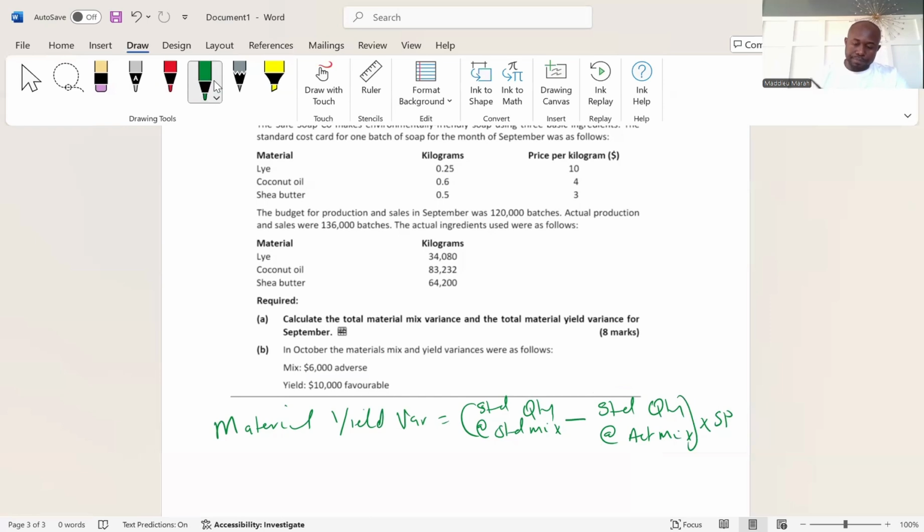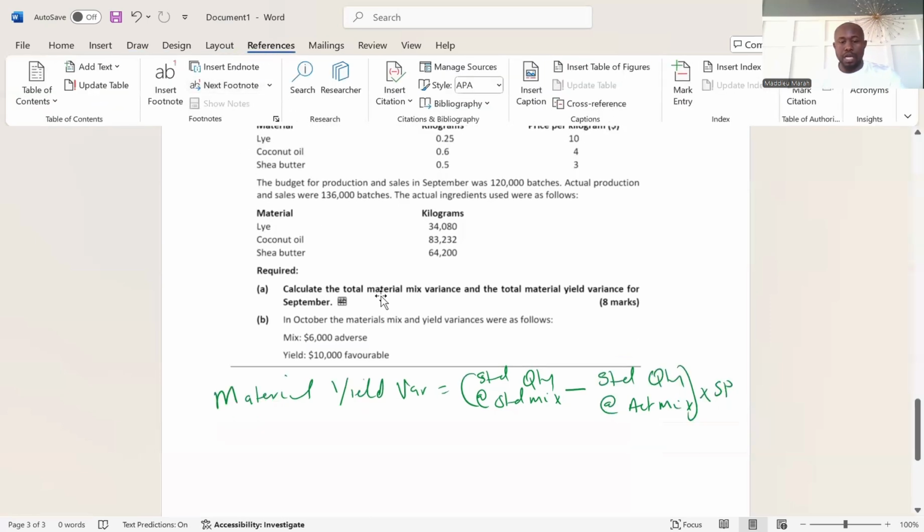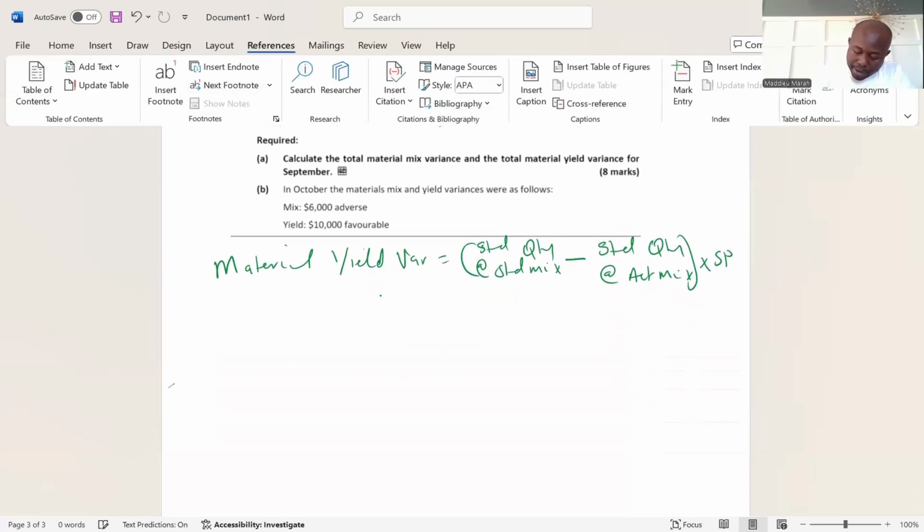Let's set up our formula table. Now we have the formula. I'll bring in my ingredients. My ingredients are lime, coconut, and shea butter.